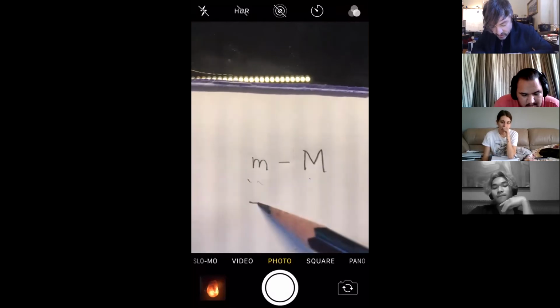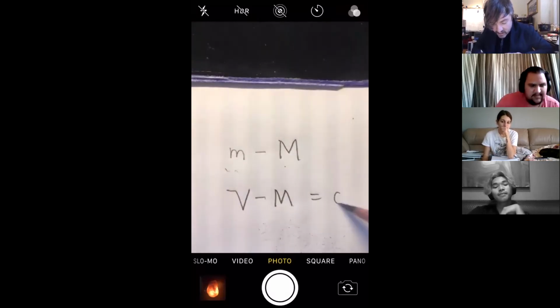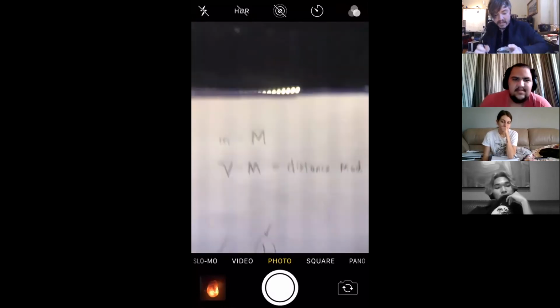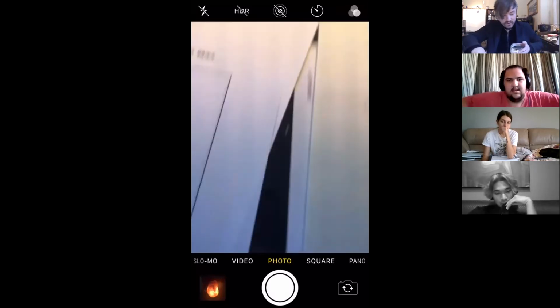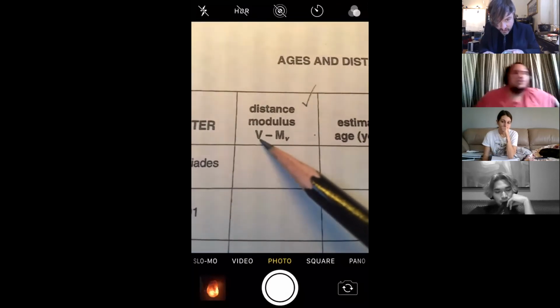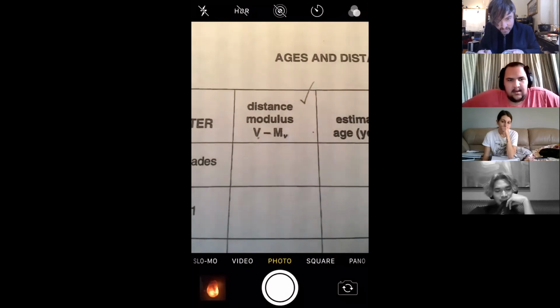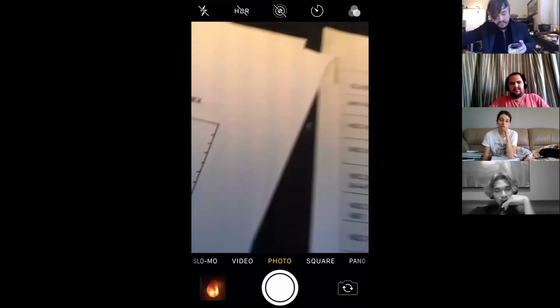We will usually use the green magnitude, so V minus M is a quantity known as the distance modulus, and it's basically a measurement of how far away the star is, but it's measured in magnitudes. You'll notice that that's one of the things that you're going to be focusing on today. The green visual band apparent magnitude minus the absolute magnitude. If you're lost, I don't blame you, all right?